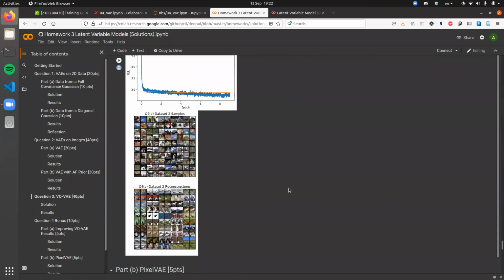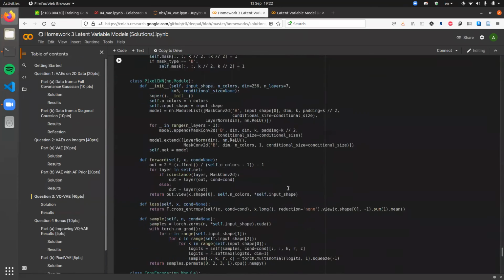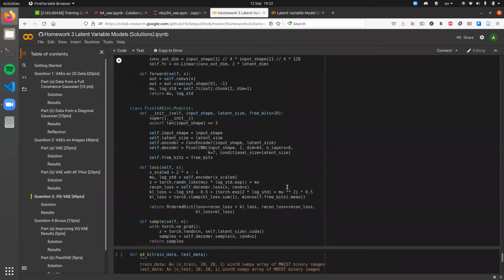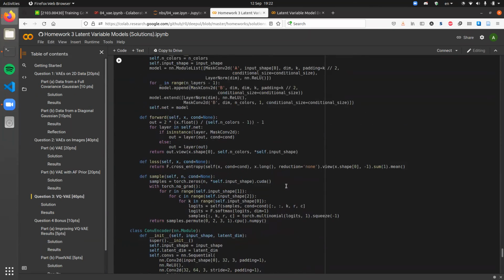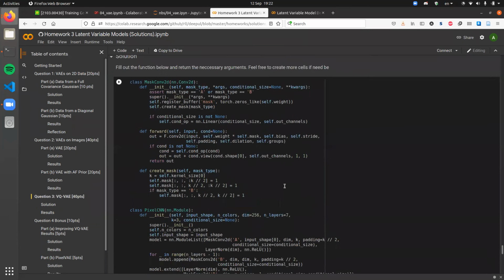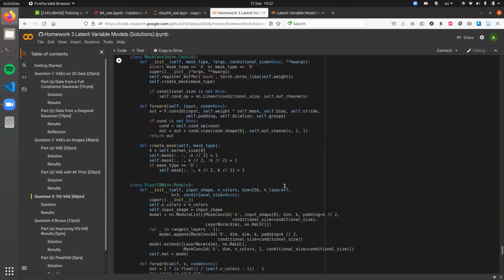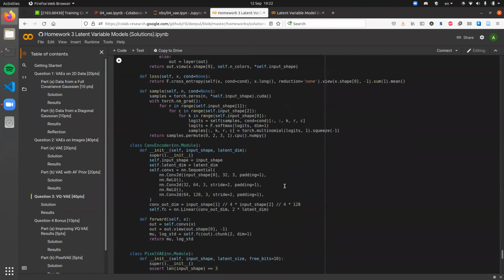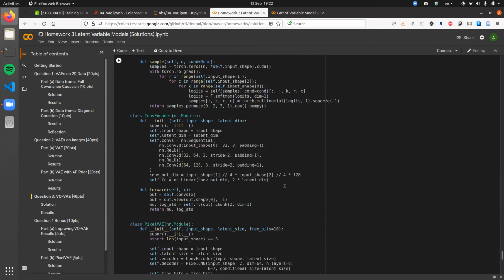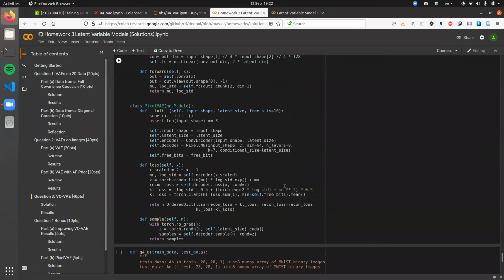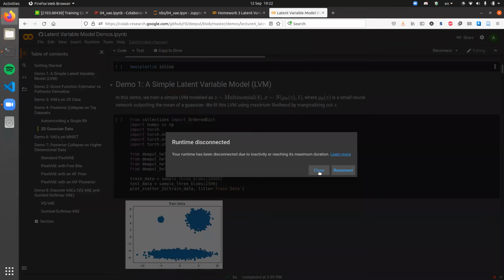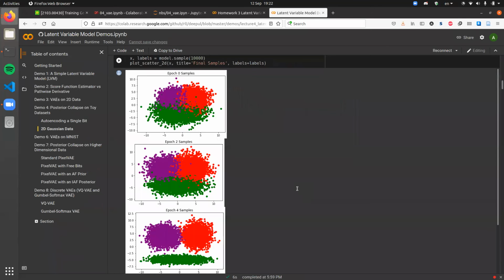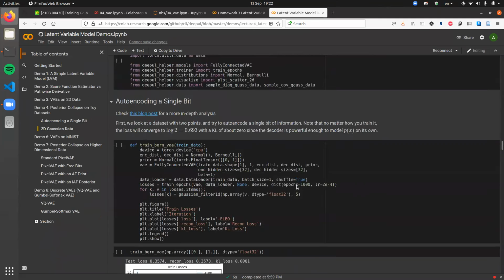Okay, let's just go on to the pixel VAE here. Talking about the complexity of the data distribution and the expressivity of the decoder model, we should go to the Colab for this lecture.